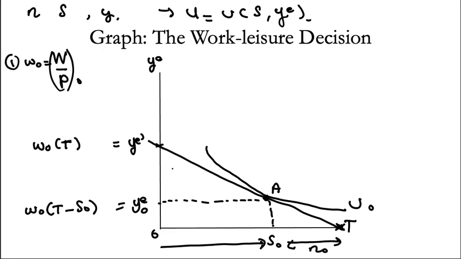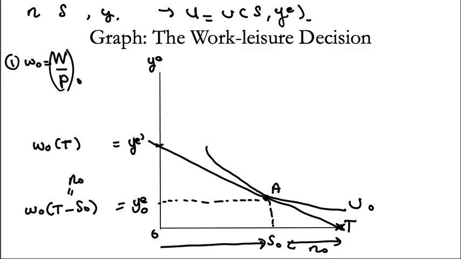Therefore, this person has maximized his own utility by spending time for leisure equivalent to S naught, spending time for working equivalent to this, which is N naught, receiving expected income, which is W naught times T minus S naught. Okay, so this is the initial situation.